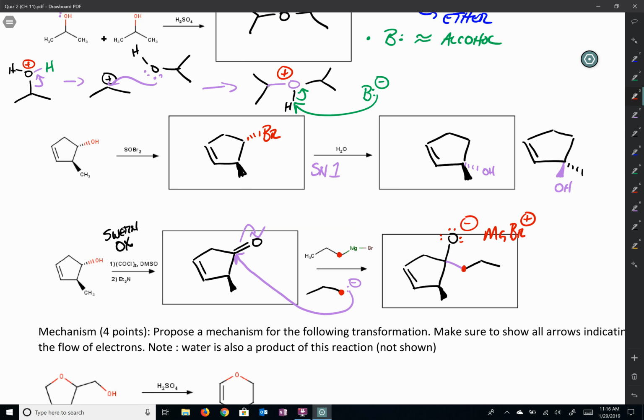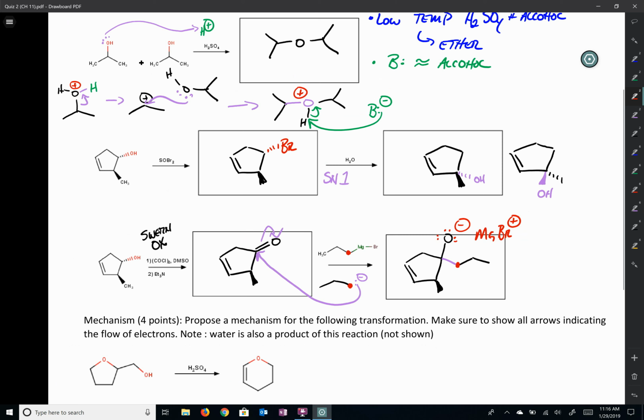Although, if you wanted to assume we did an aqueous acid workup to go to the alcohol, that'd be just fine in this case too. So don't forget a Grignard with a ketone. We're going to hit that carbonyl carbon, pop up that pi bond, and form a new carbon-carbon bond there in purple, and leave behind some kind of oxygen species there.